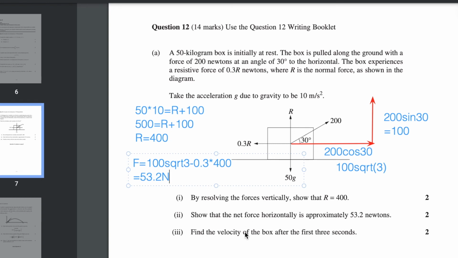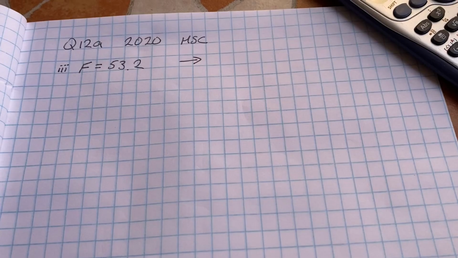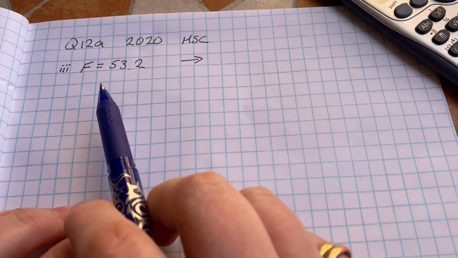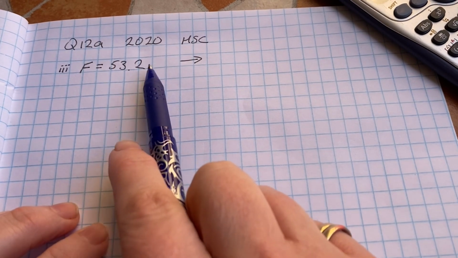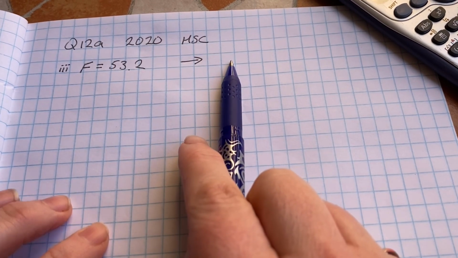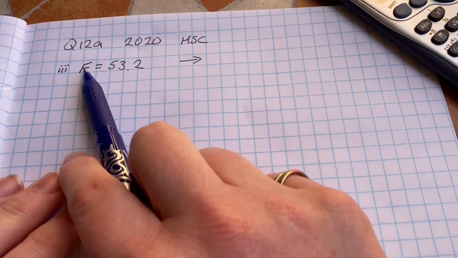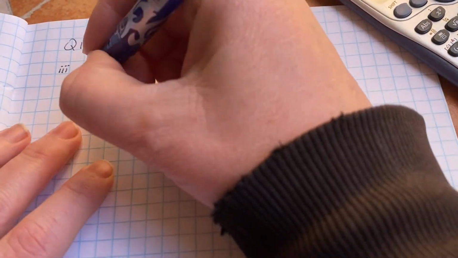The last part is to find the velocity of the box after the first 3 seconds. And I will do that with pen and paper. It's getting a bit crowded here. Okay, so in order to solve part 3, we need to consider the net force that we found in part 2. The force was 53.2 newtons in the direction towards the right. What we also know is that force is mass times acceleration.